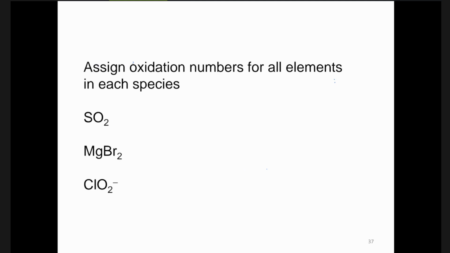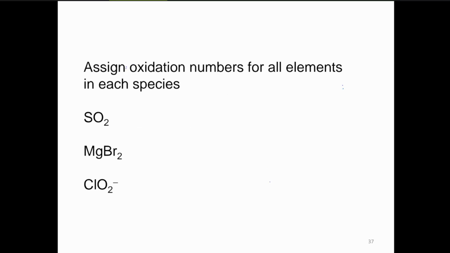So if you want to assign the oxidation number for all elements in this species, basically here we can see that oxygen will have -2. So 2 times -2 is equal to -4. So that means the sulfur should be 4 plus, so +4. For the bromides, it's -1.